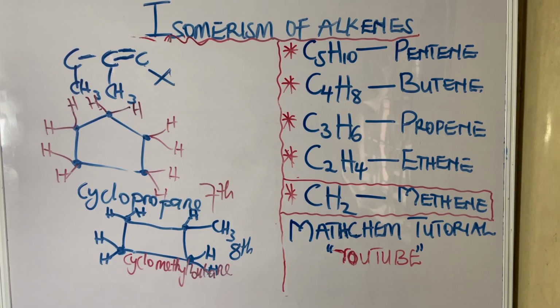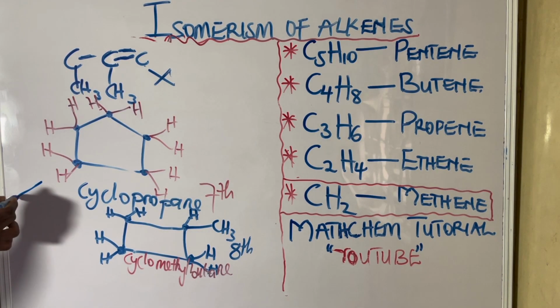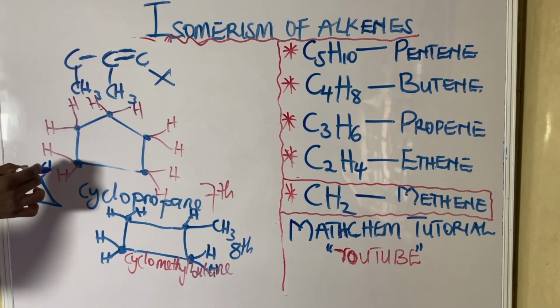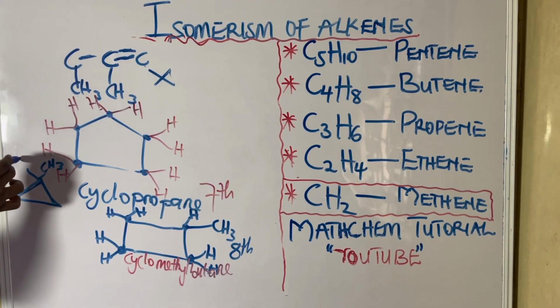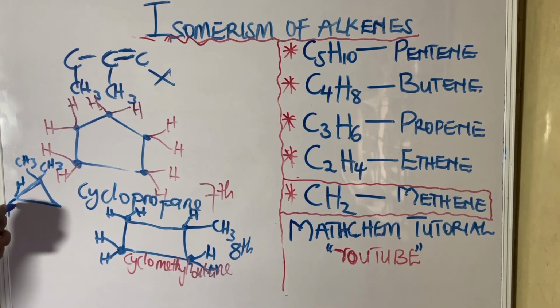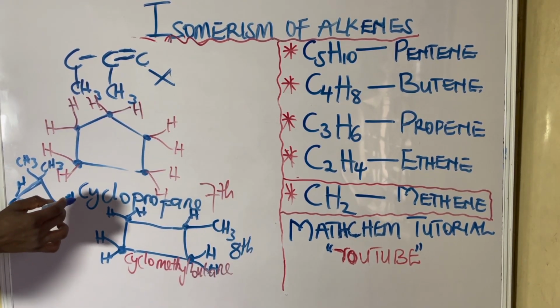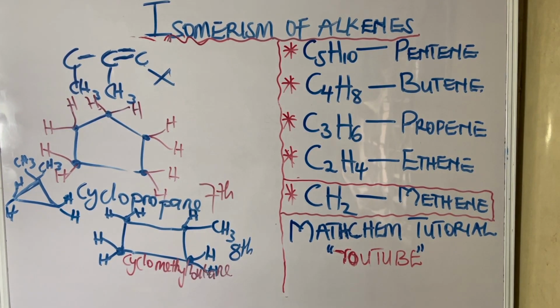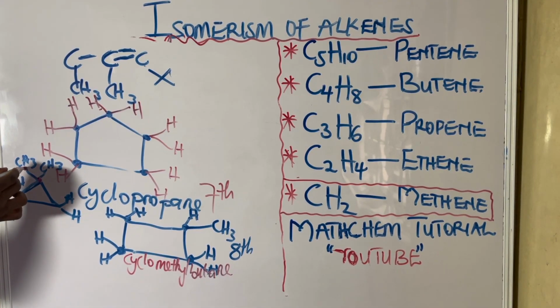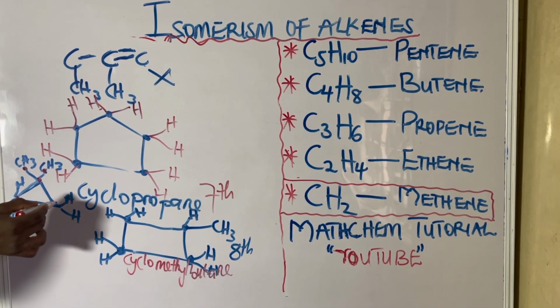And then another one, let's try to work around this propane. Then we have methyl here, then we have methyl here. So if here is hydrogen, here is hydrogen, and we have hydrogen here and hydrogen here, how many carbons do we have? We have 5 carbons, 1, 2, 3, 4, 5.